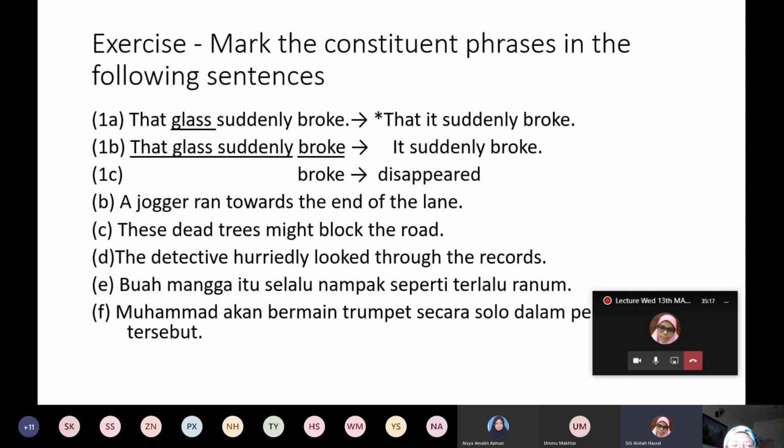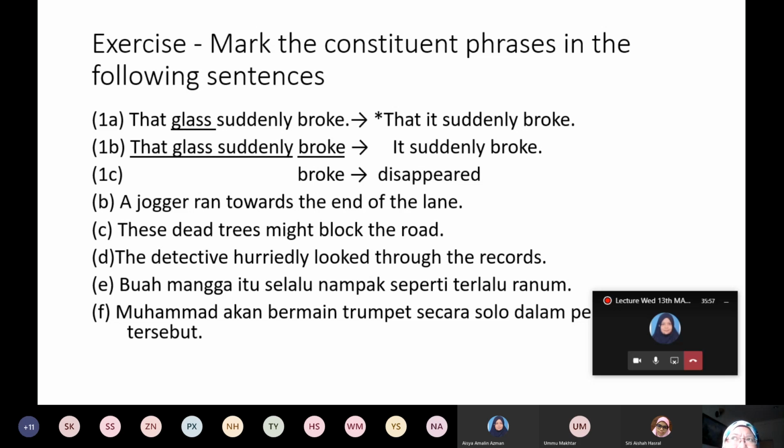So we have a jogger as a constituent, and towards the end of the lane as a constituent. Are there any other constituents? Doctor, can I say that ran is one of the constituents? Yes, because you can replace it with walk. Words like ran and walk are verbs, right? In a sentence, you need to have a verb.